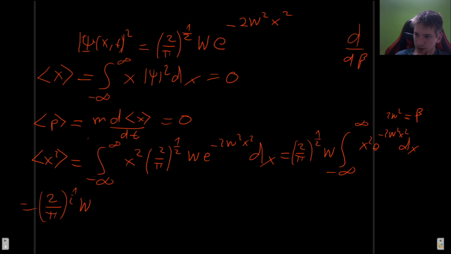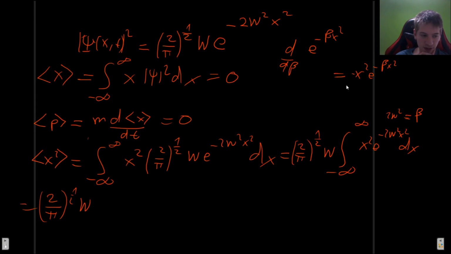with respect to beta the function e to the minus beta x squared, we would get minus x squared times e to the minus beta x squared. Sorry, I'm covering up with the camera again.